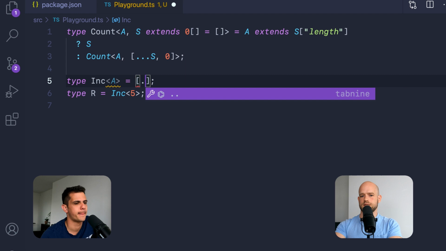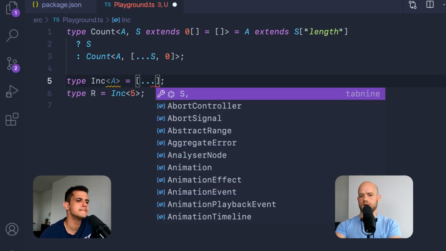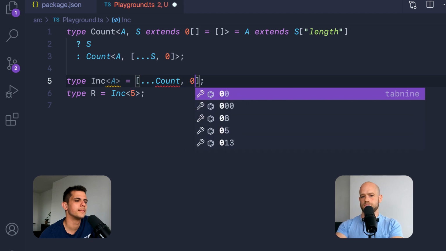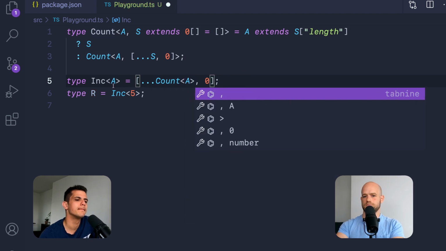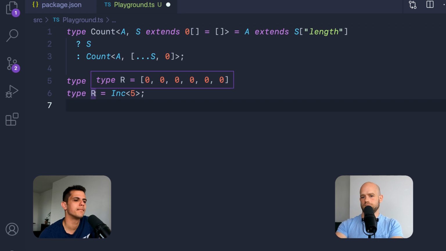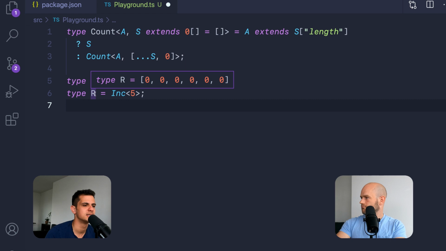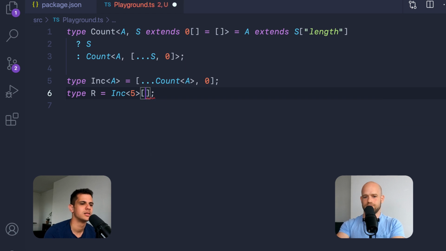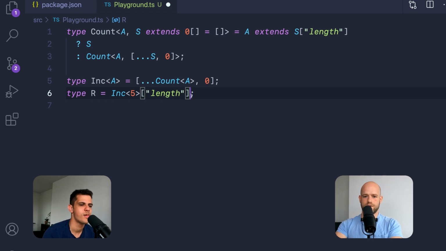So increment is we take the count to A and we add one element. So count to A. Okay, so we have 6 now. I mean, you can even do length, right? Checks out.